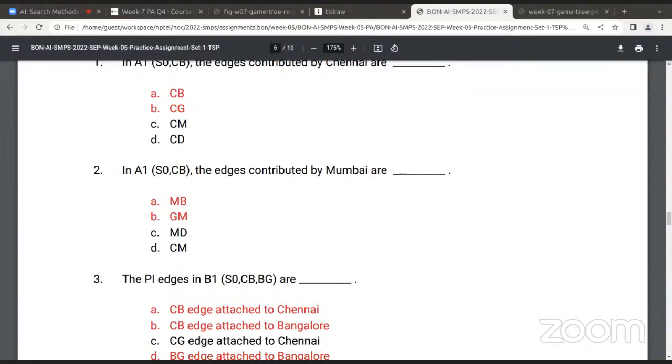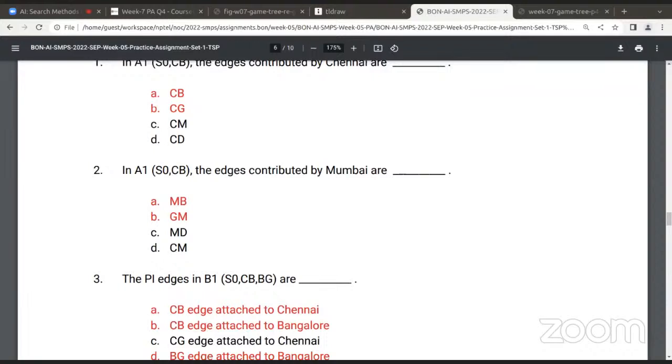From Delhi to Mumbai, then from Delhi to Goa. Bangalore to Chennai, then from Bangalore to Goa. So 1, 2, 3, 4, 5, 6, 7, 8, 9, 10. There are 10 edges total.